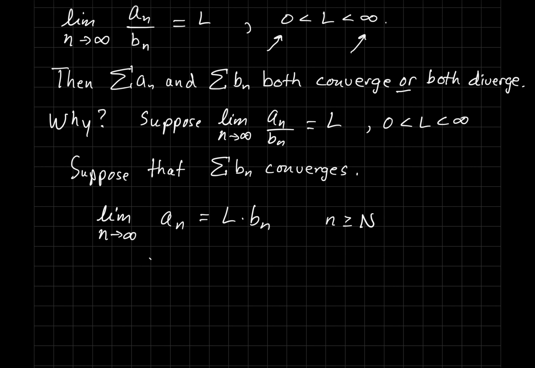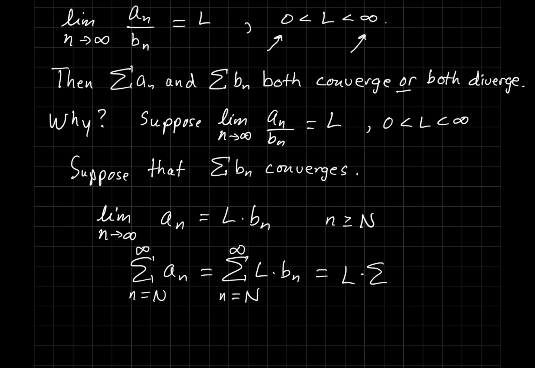That means where it matters, the sum from n equals big N to infinity of a sub n equals the sum from n equals big N to infinity of L times b sub n. But on the right side of the equation, since L is a constant, I can pull it outside of my summation, which gives me L times the sum from n equals big N to infinity of b sub n.